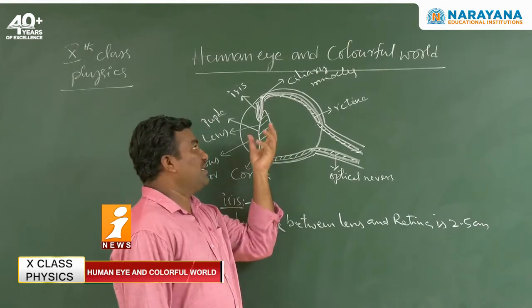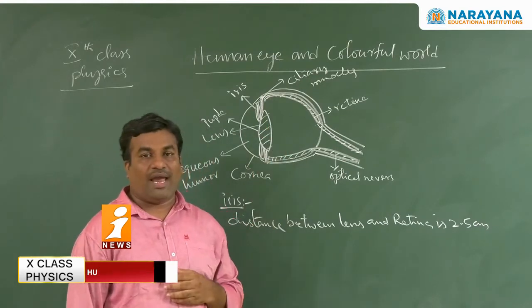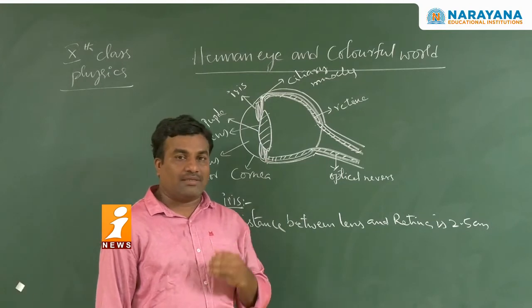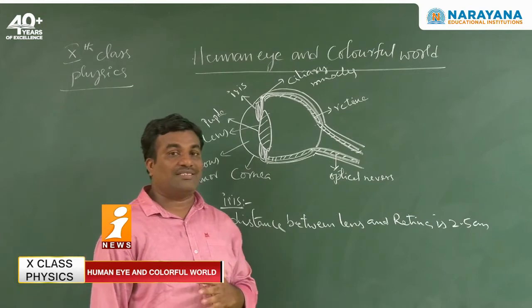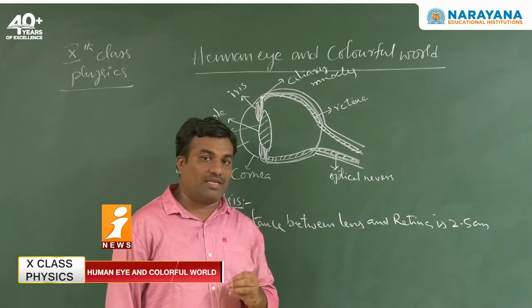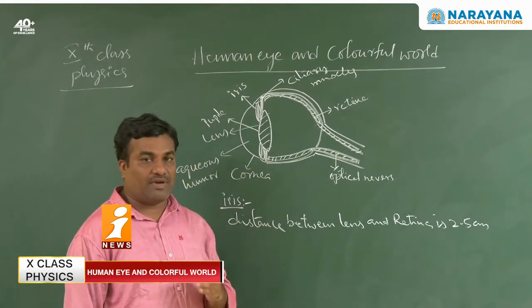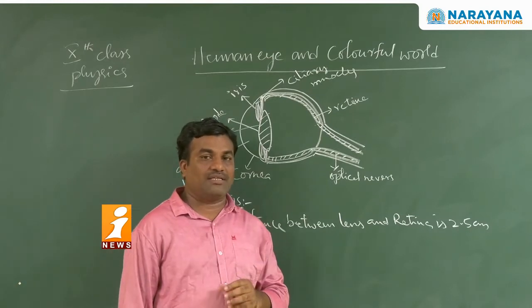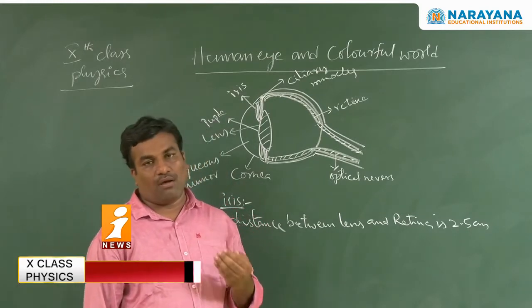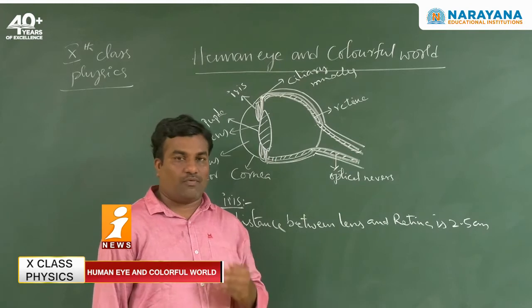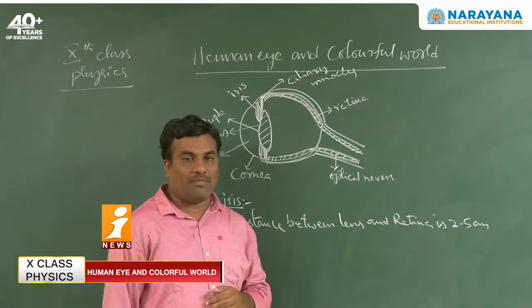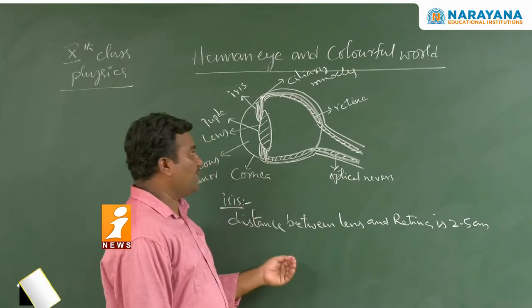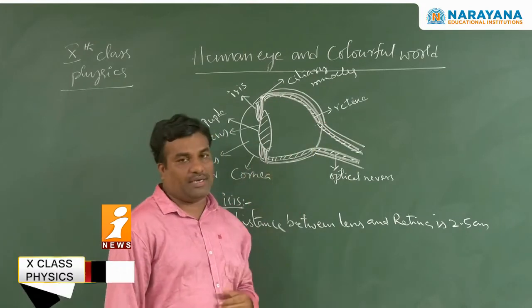Then the ciliary muscles cannot adjust the focal length of the eye lens, and you cannot get the image formed on the retina. So when we see nearer or long-distance objects, the focal length is either maximum or minimum, not beyond the maximum or minimum. Otherwise we do not get images on the retina.